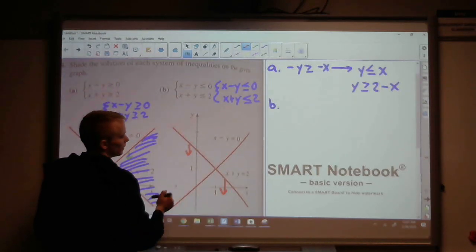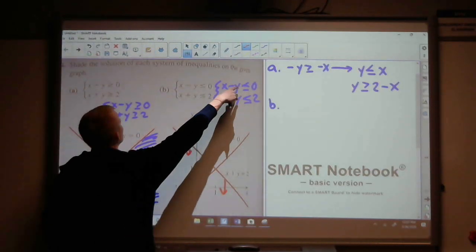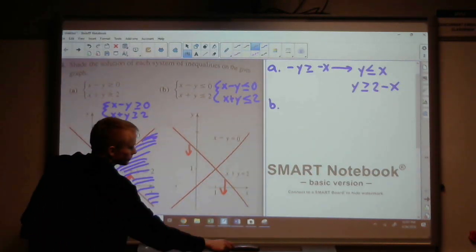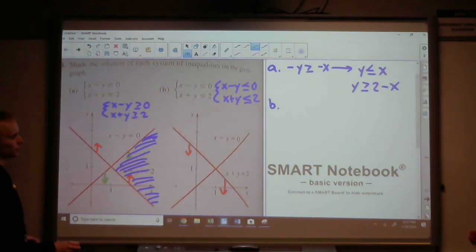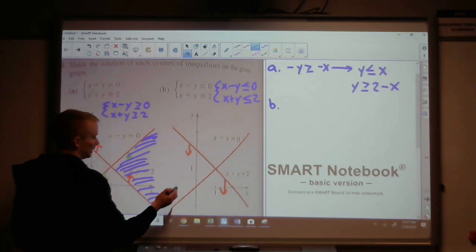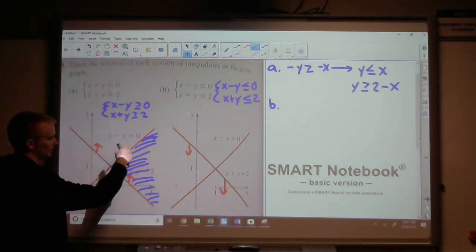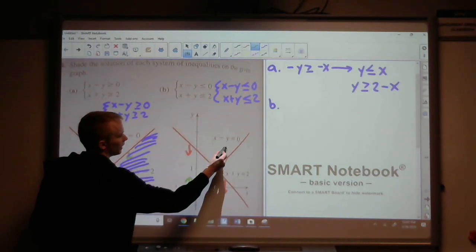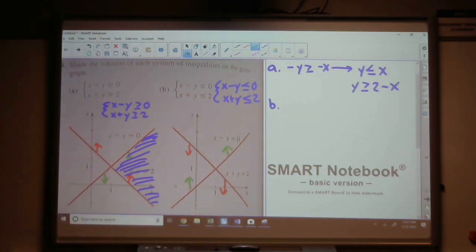Because we're just switching both inequalities here, both of them will switch. So this one will be below, and then this one was below, the green one, so now it's going to be above the line. So it would look like that.